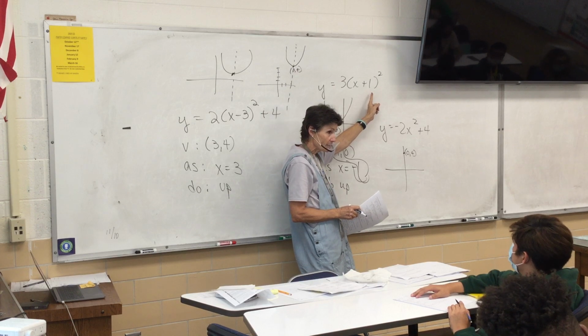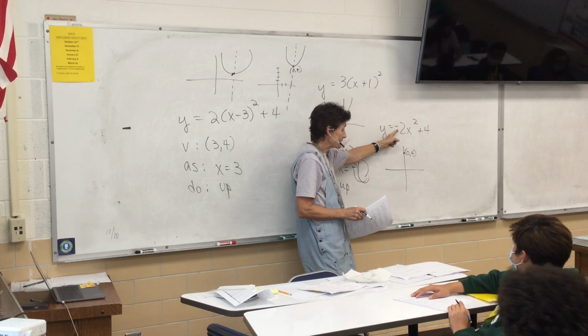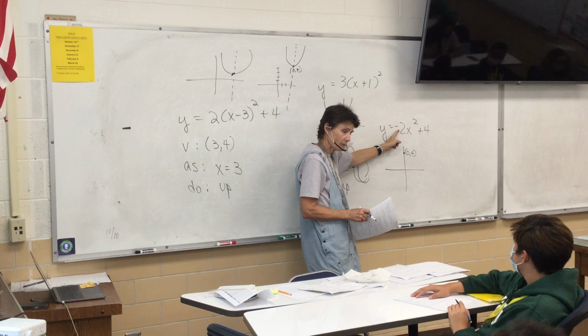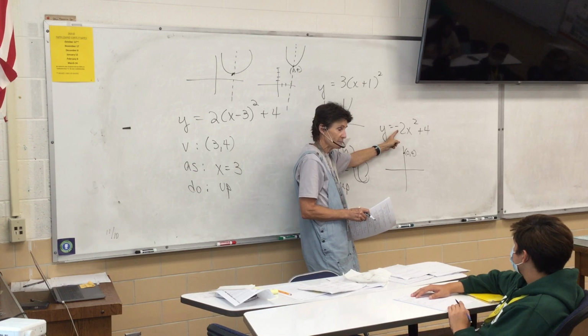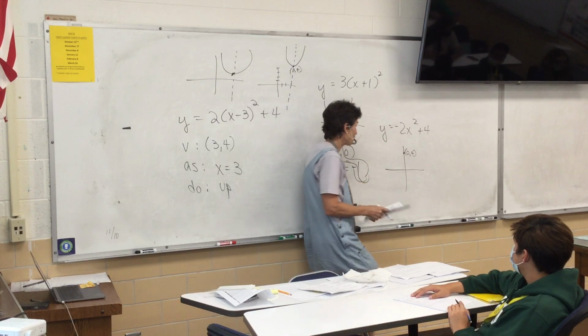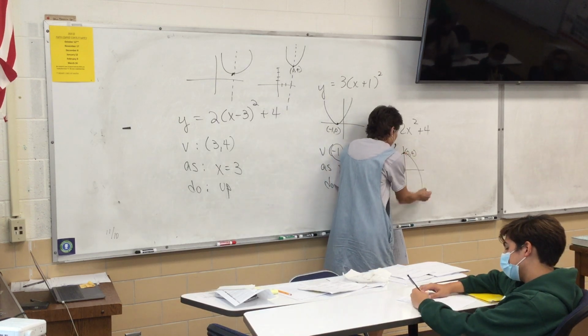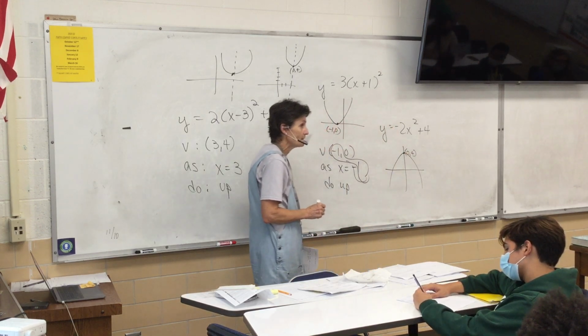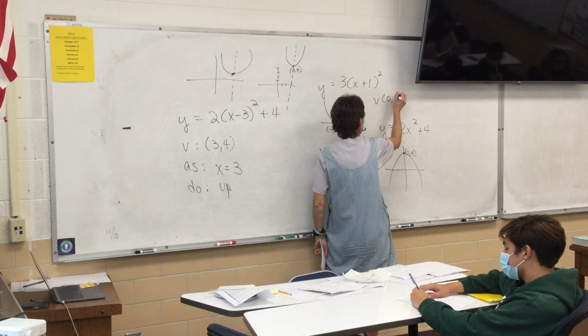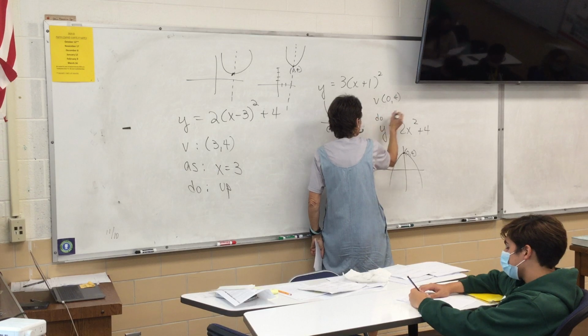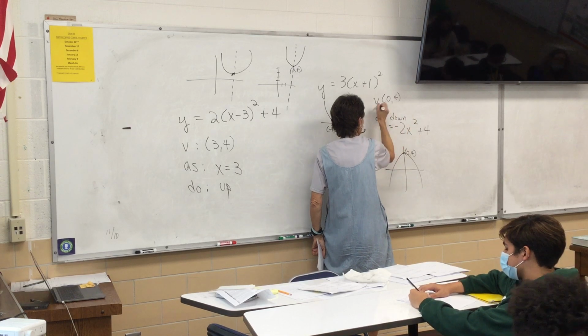Right? Now, somebody said, what does that negative do? Well, you tell me, what does that negative do out there in front? Flips it upside down. So instead of opening up, this one is going to open down. So your vertex is 0, 4. Your direction of opening is down.